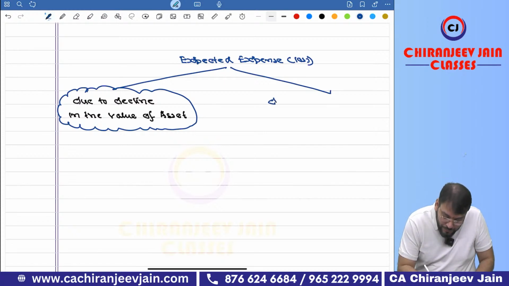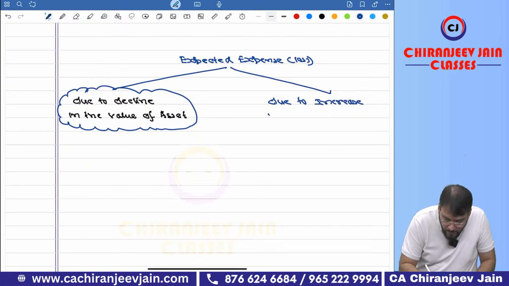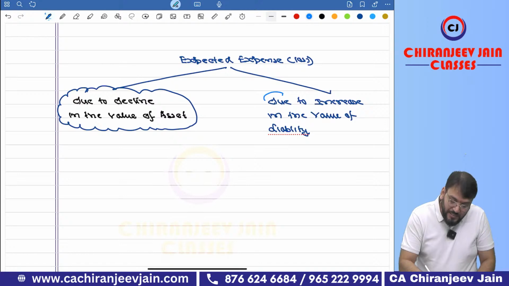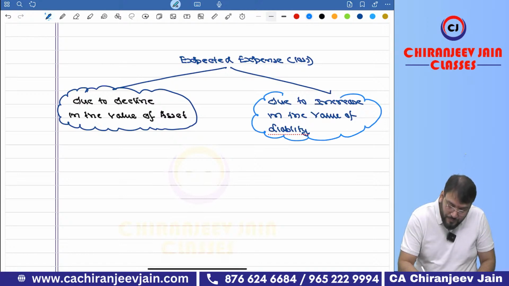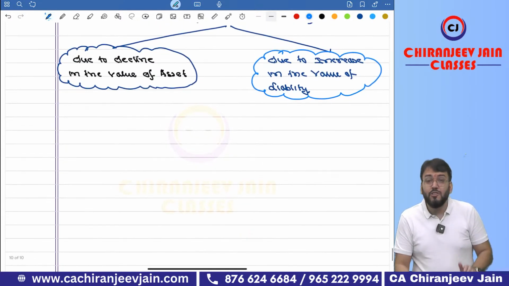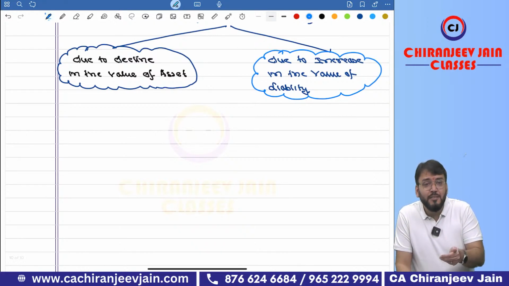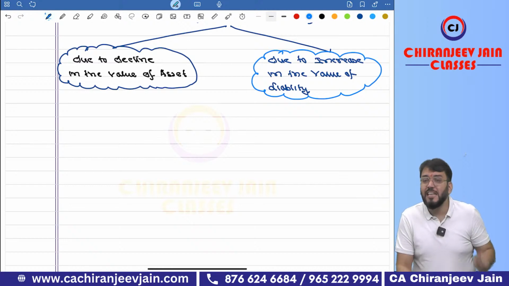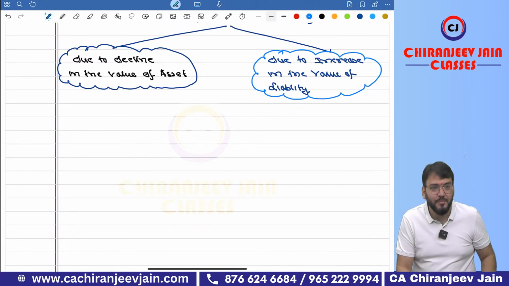Second, due to increase in the value of what? Liability. Increase in the value of liability. Due to increase in the value of liability, it requires settlement in future. Settlement means we need to pay something.